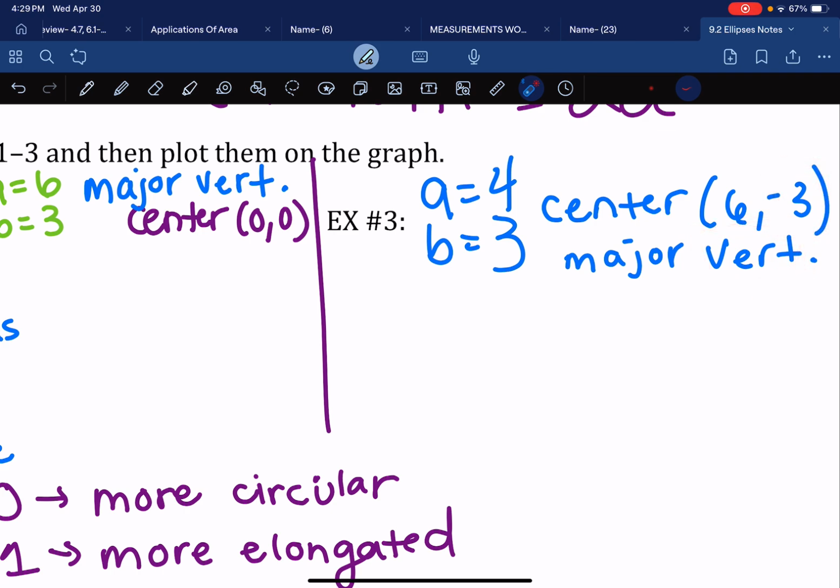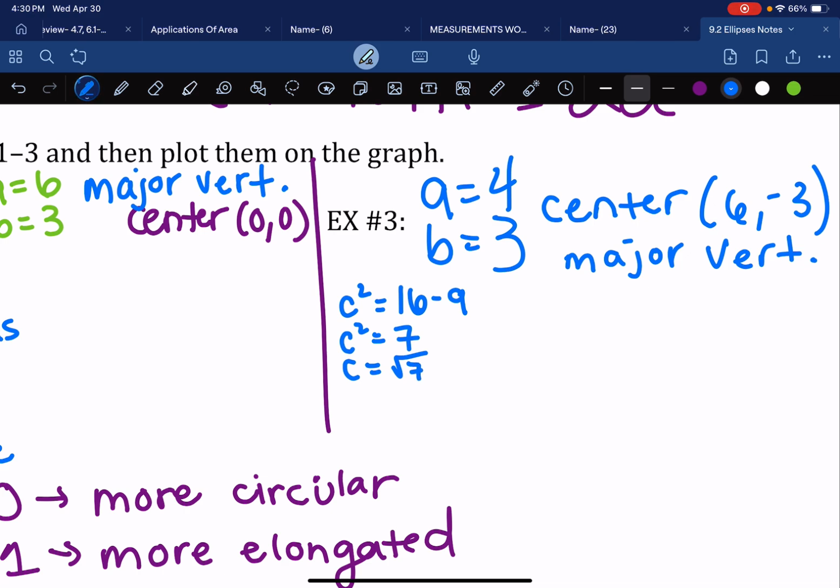So I'm going to do C squared is equal to 16 minus 9, which is 7, right? Yes. Take the square root. That wasn't that hard. I don't know what happened. All right, so I get C equals square root of 7.